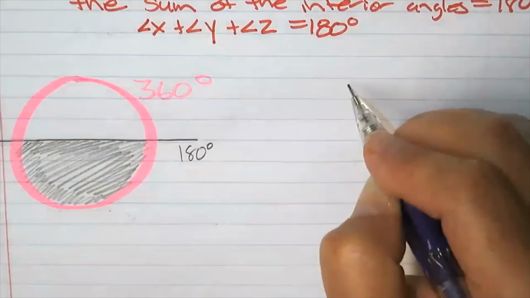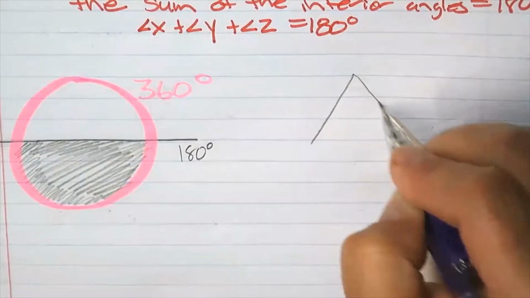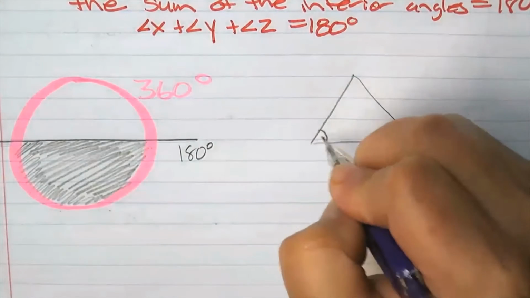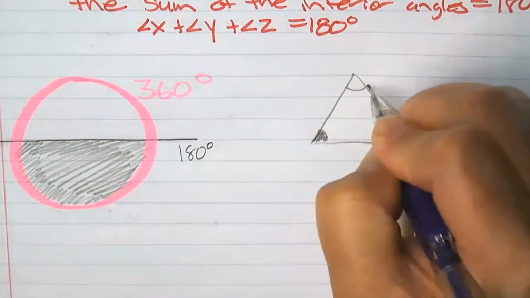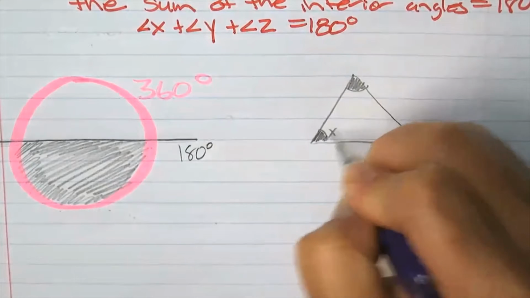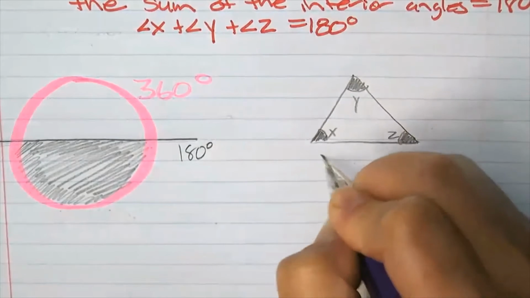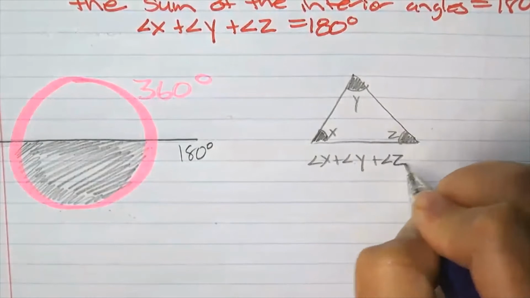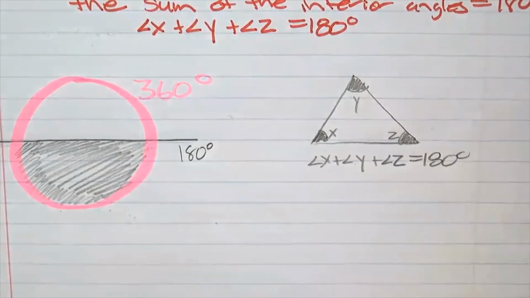And I'm telling you that the interior angles of a triangle, X, Y, and Z, angle X plus angle Y plus angle Z equal 180 degrees.